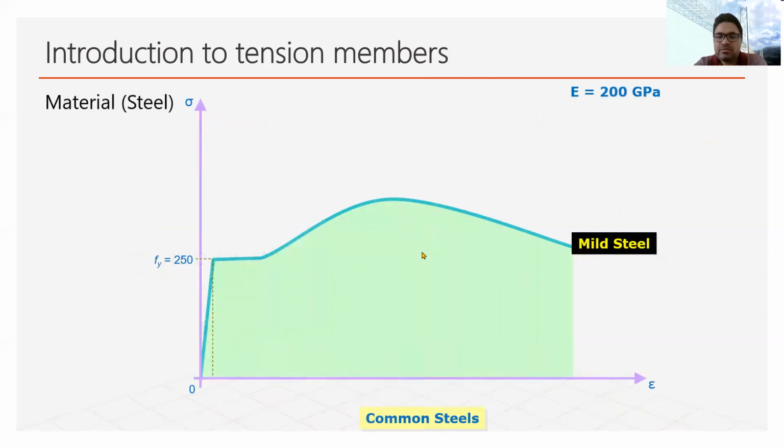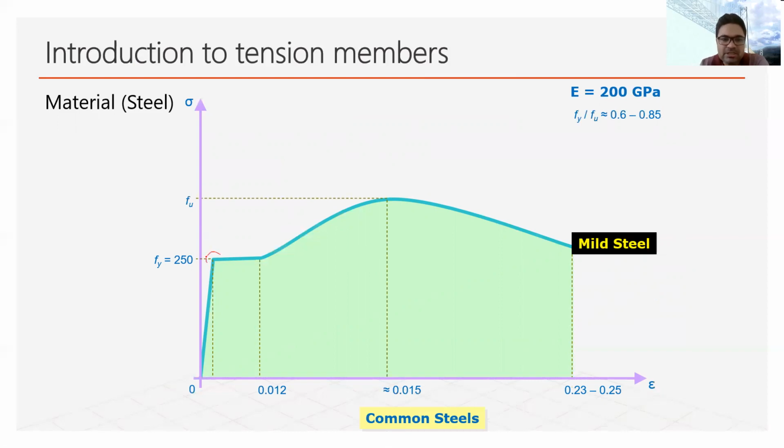Now coming to the material, in our subject the material is steel, and generally there are two types of steel that we use in construction. One is mild steel, which is grade Fe410, and another is high strength steel. In the diagram you can see, in mild steel there are clearly defined points of Fy and Fu.